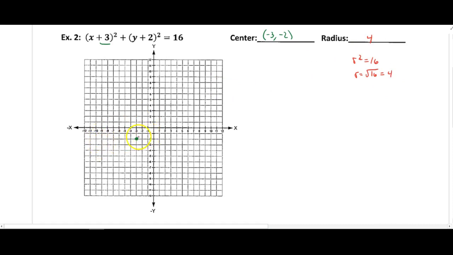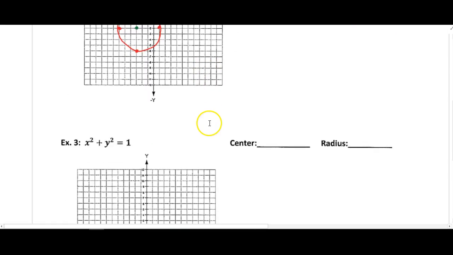And now we're going to use that to find the other points. So we go 4 units up, 4 units to the right, 4 units down, and then to the left. And that is our circle.